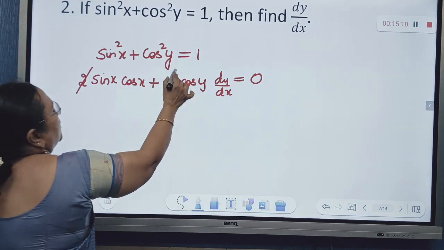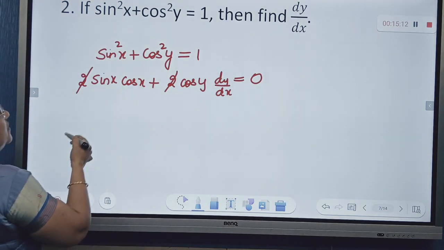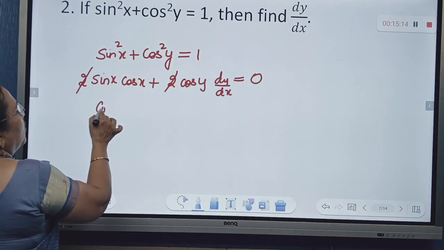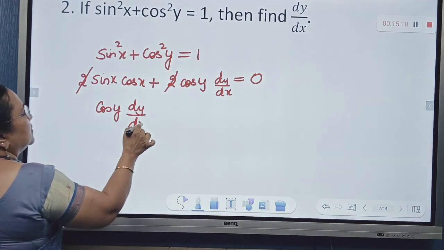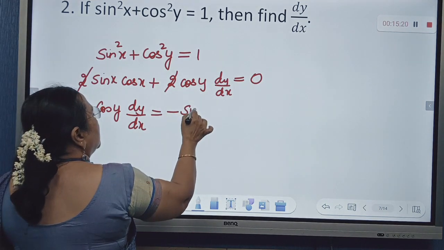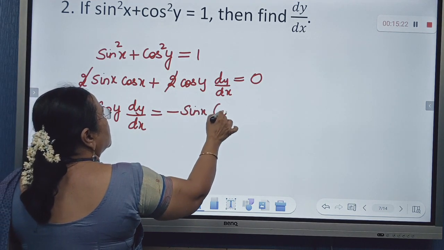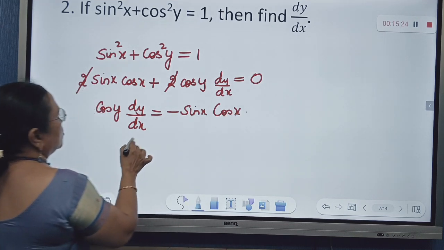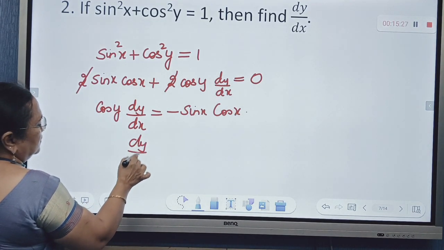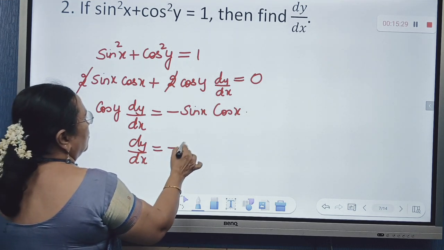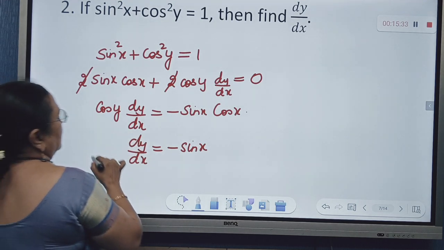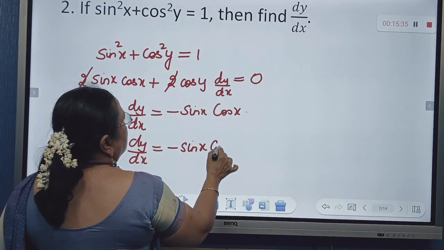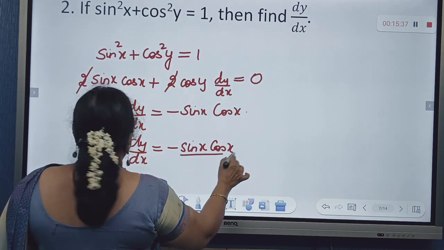So I cancel off 2 because the right hand side is 0. So cos y into dy by dx is equal to minus sin x cos x. So dy by dx is equal to minus sin x cos x by cos y.